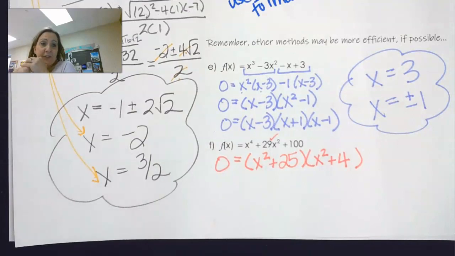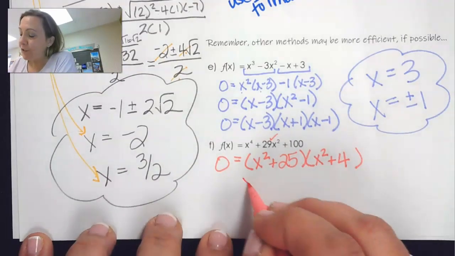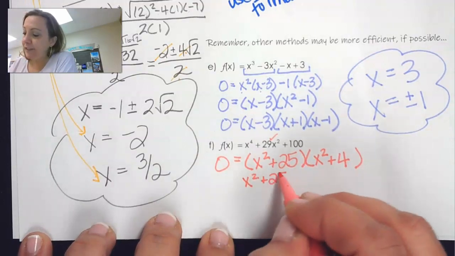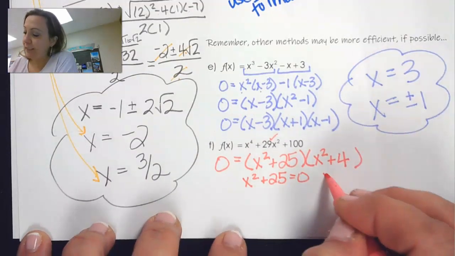Okay, so now we keep factoring if we can. And even though it's super tempting because these are perfect squares, you guys, it's not a difference of 2 squares, so this is not factorable. And we'll see why when we solve. Again, just because it's not factorable doesn't mean we can't solve it. What we can do is set each of these factors equal to 0.